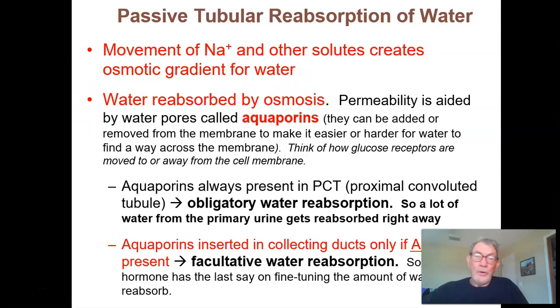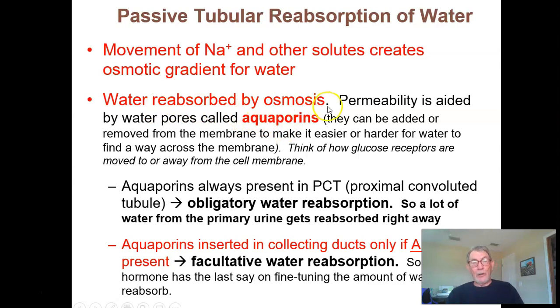And so we absorb the sodium and other solutes and glucose and everything back into the blood, and water gets sucked back by osmosis, by osmotic pressure. And so you wind up absorbing most of what you filtered out, your solutes that you need, and then the water follows them. Water is absorbed by osmosis.